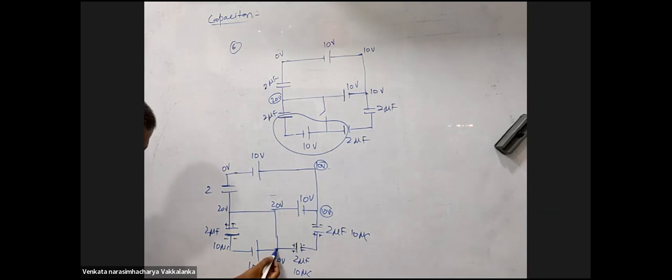Just a minute. This was 20. So this is 10, right? This was 20. So this will be 10 volts. 20 minus 10 is 10. 10 into 2. This will be 20 microcoulombs. Am I right? Yes. This is minus 20.